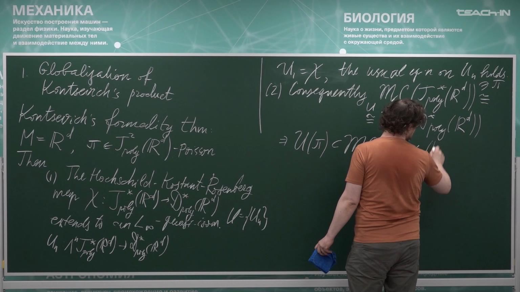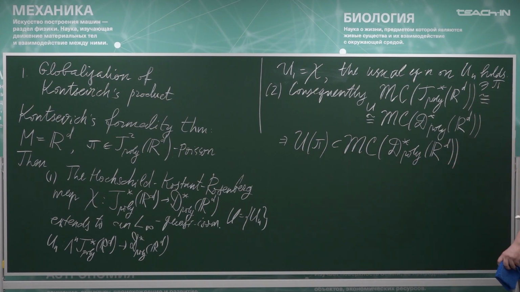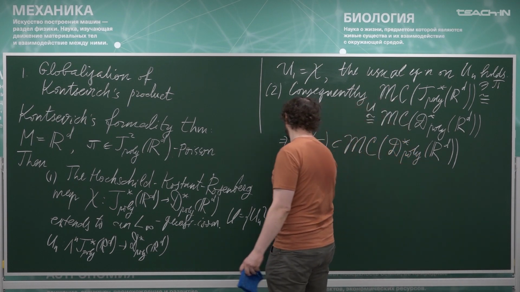And as I explained, Maurer-Cartan elements in the space of polydifferential operators are responsible for the star products in Rd, and hence the star product.